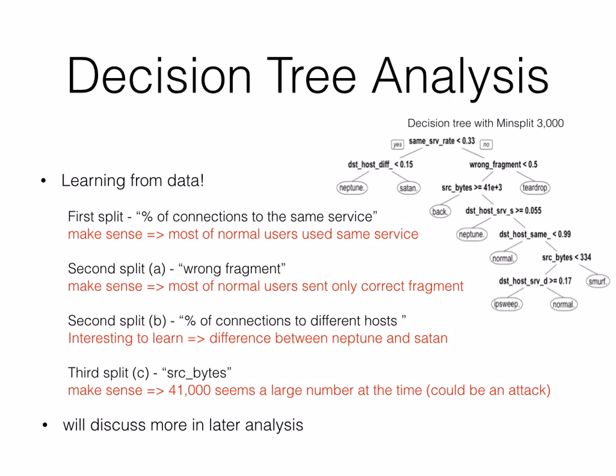It is because they have different percentages of connections to different hosts. This is very, very exciting. We can learn from it, and we can do the same thing on almost each split. So yeah, it's very interesting.